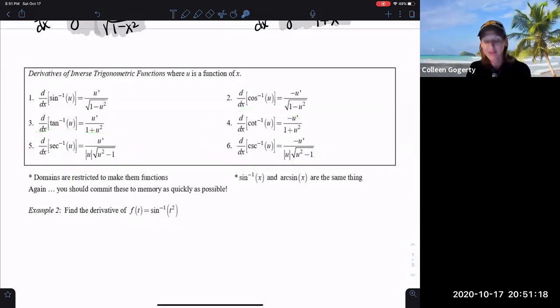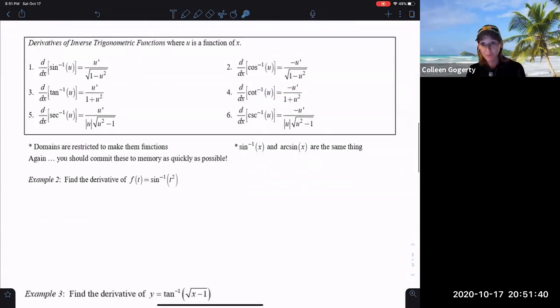Now, this table that I'm giving you right now is already using the chain rule and putting it into the end result. Your book looks a little different. So if you're wondering why your book's formulas are any different, it's just because they're using the chain rule to say you have to take the derivative of the angle, okay, or the input. So don't get too wrapped up about that.